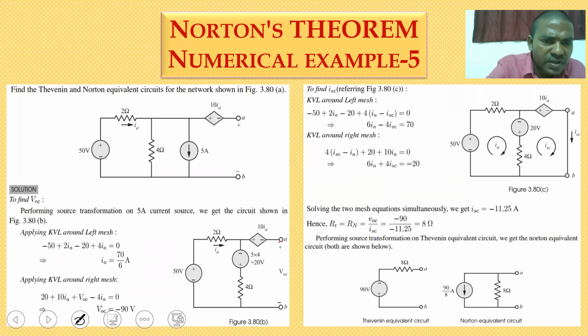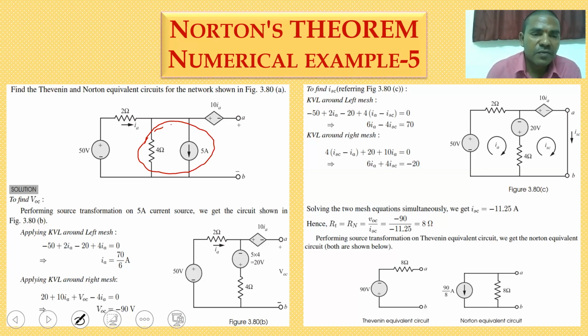So the first loop equation is minus 50 plus 2 times IA minus 20 plus 4 times IA. Here, for circuit B, I am taking the source transformation of the 5 amperes with 4 ohm connected in parallel. By using that, I am calculating this.